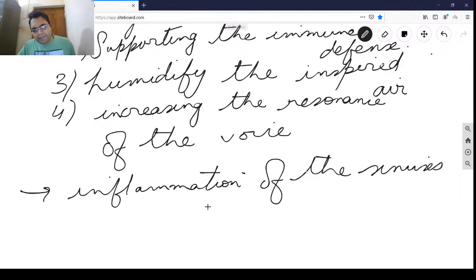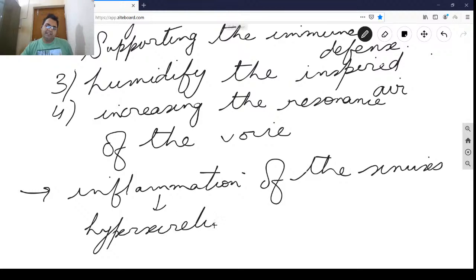That inflammation may also be triggered by an immune response like allergy to a specific pathogen or molecule, could be a dust particle allergy or pollen grain allergy, and that leads to hypersecretion of mucus.